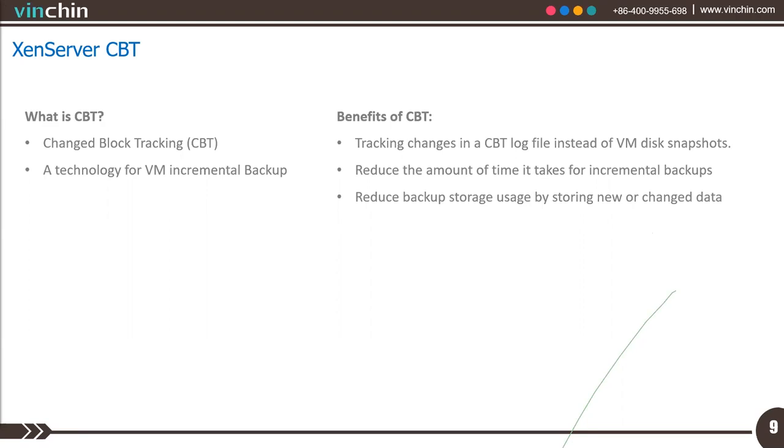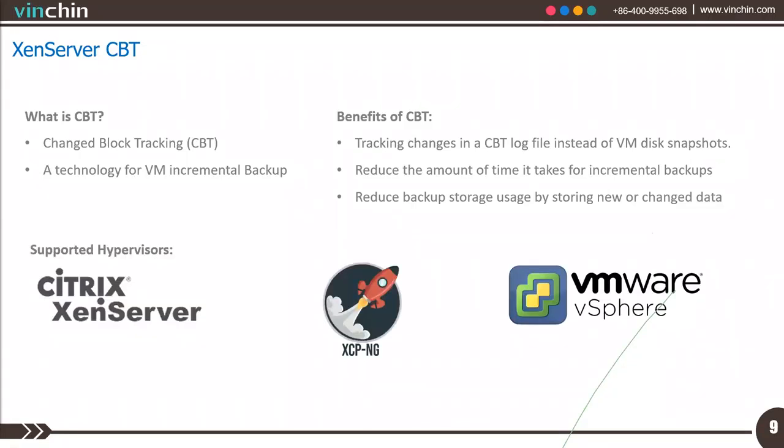And also it can dramatically reduce the backup storage usage by storing only the new and changed data. Here's a list of which hypervisors on Vinchin Backup and Recovery server can support CBT, including VMware vSphere and newly CBT supported Xen Server and the Xen-based XCP-ng.